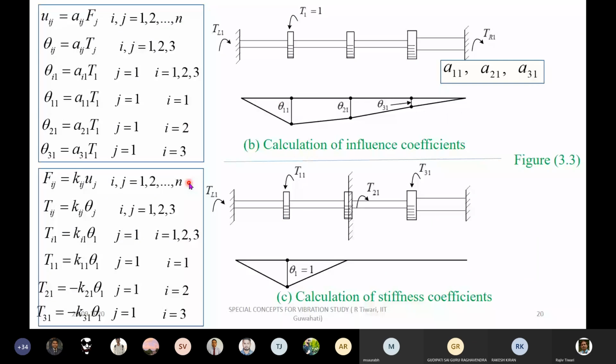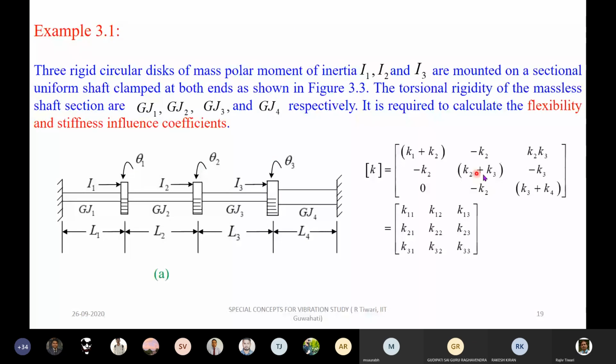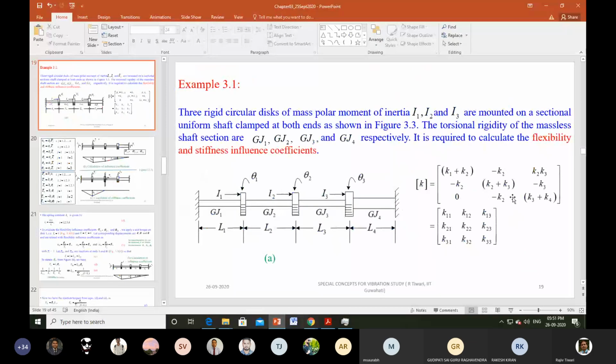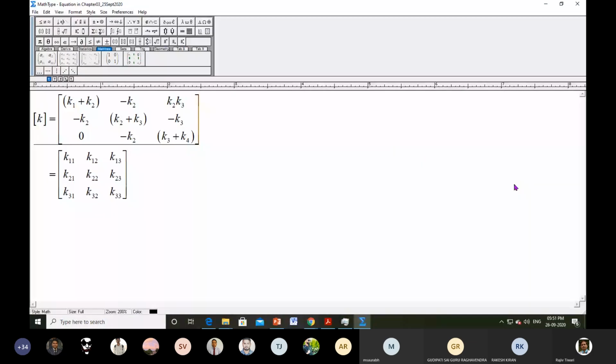So K11 is this, K12 is this. All these, I think this should be 0. It should be 0. Okay.